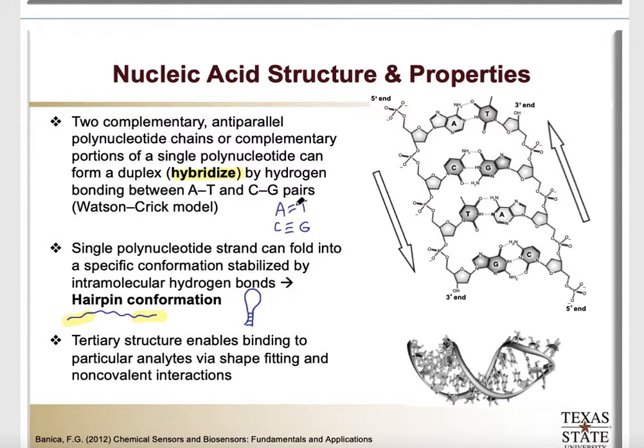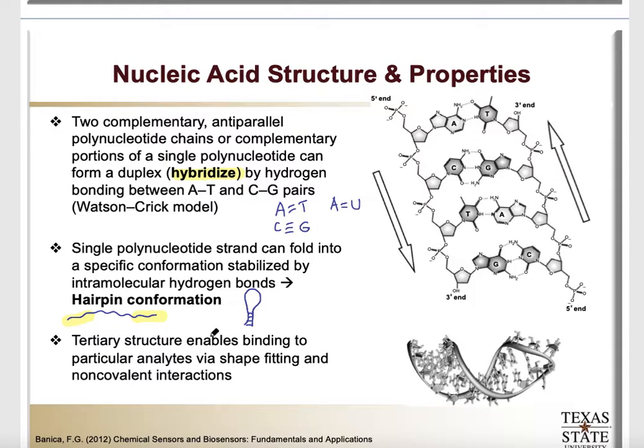I'm not saying that this is a double bond and a triple bond. What I mean is 2 hydrogen bonds and 3 hydrogen bonds. And you can see that in the structure here. So between A and T, you can see the 2 hydrogen bonds occurring. Between C and G, you can see 3 hydrogen bonds. Now, for the case of RNA, remember that the T is replaced with U, and so A would bond through 2 hydrogen bonds to uracil.